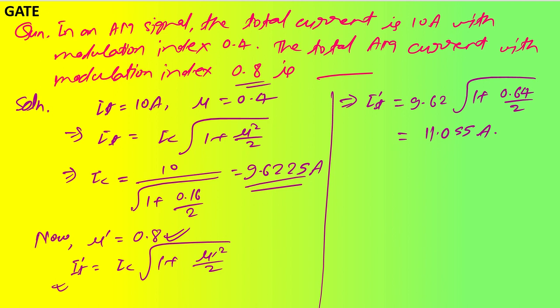So IT dash is IC, that is 9.62, multiplied by the square root of 1 plus 0.64 divided by 2. Why 0.64? Because 0.8 squared is 0.64. That is going to come up as 9.62 into the square root of 1.32. Multiplying the square root of 1.32 by 9.62 gives you 11.005 ampere.